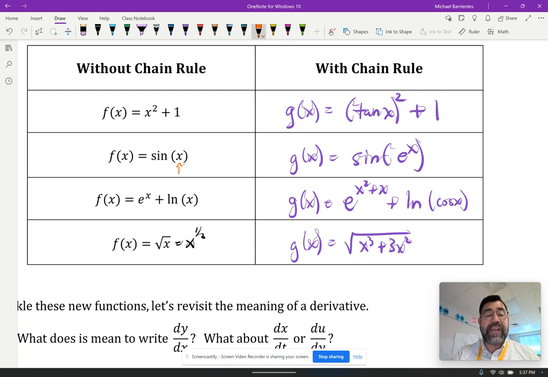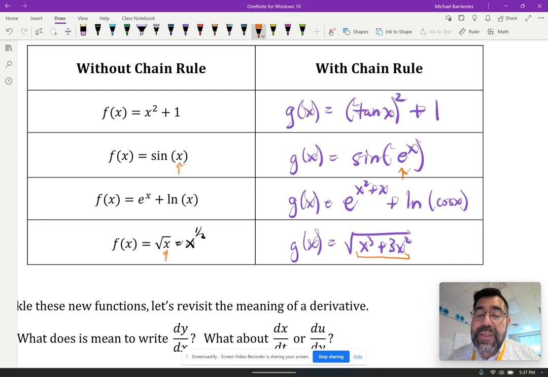My variable was x. But what if I replace my variable with a whole other function, which is what happened here, right? I'm taking the sine of e to the x. So it's not just a variable. Now I'm taking the sine of a function. So there's something inside of the sine function. And the same thing with the last one. I had the square root of x. X was my variable. But what if I replace my variable with a whole function itself?